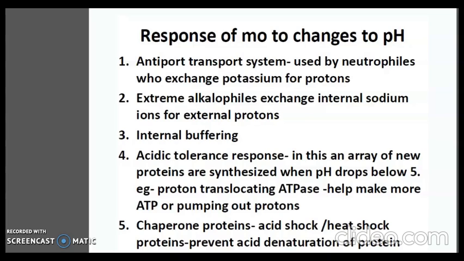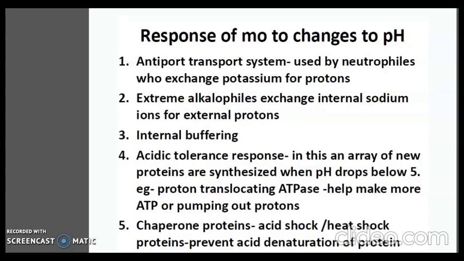If the external pH further decreases to 4.5 or lower, the cell synthesizes chaperones such as acid shock proteins and heat shock proteins, which prevent acid denaturation of the proteins and aid in refolding of denatured proteins.